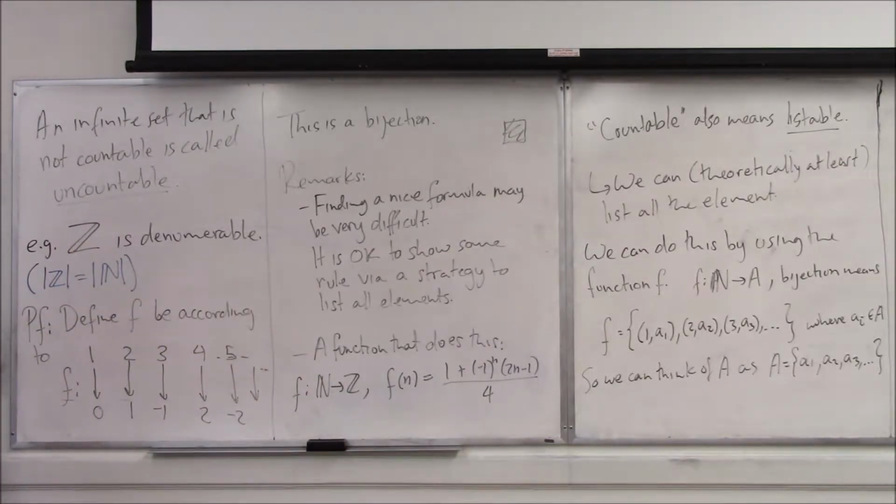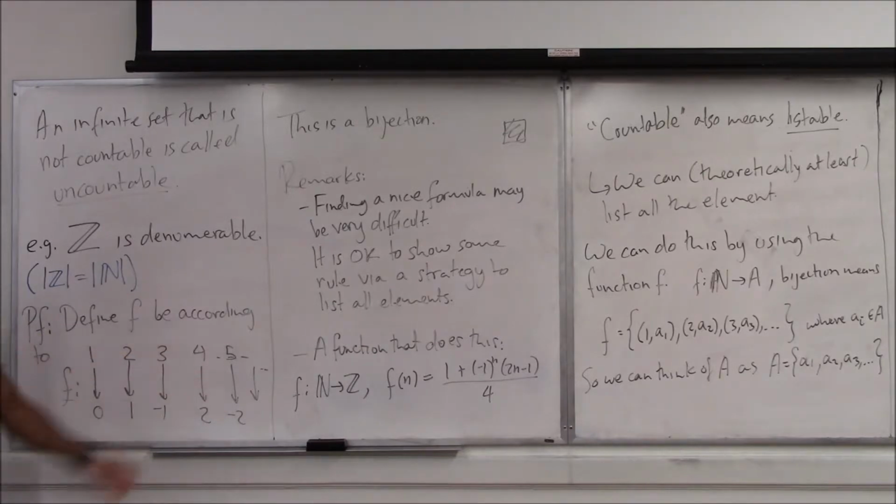It's going to be very difficult, especially when you start dealing with more complicated sets. So it's okay to describe the rule via some sort of diagram. It'll be clear how your inputs get to respective outputs. It should be clear that it's one-to-one, because you have each input mapped to one thing. And it'll be onto, because clearly every integer will appear at some point in this list.